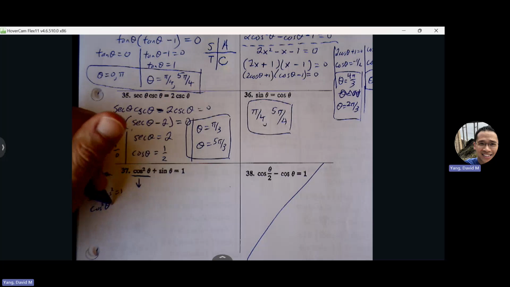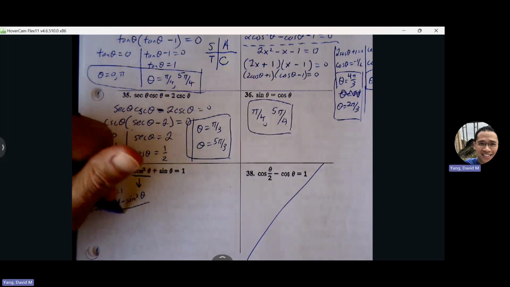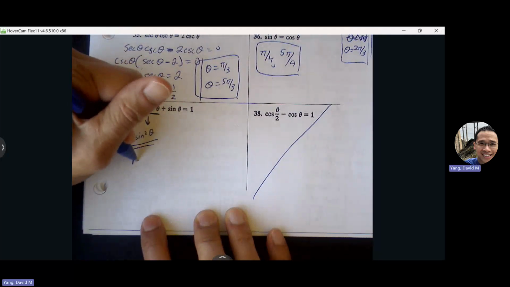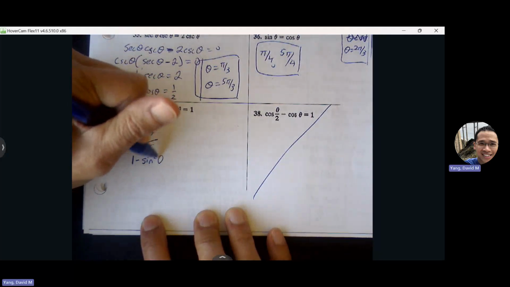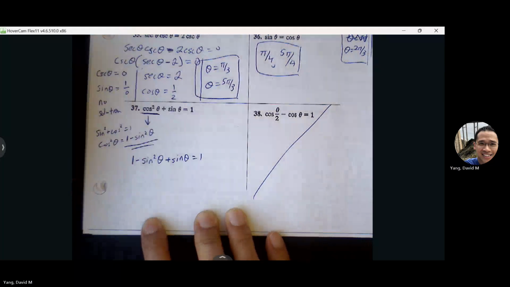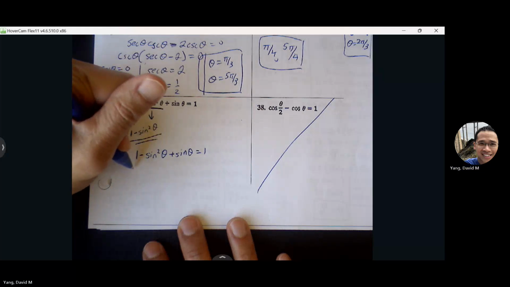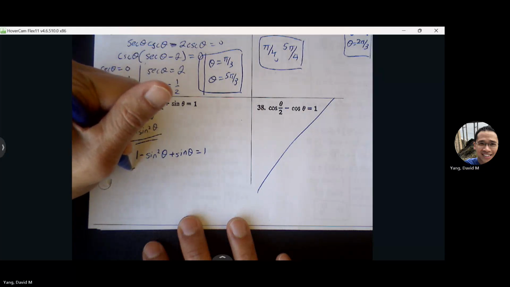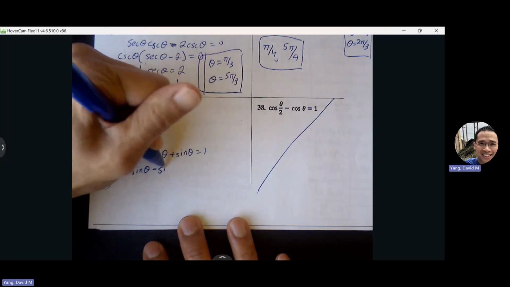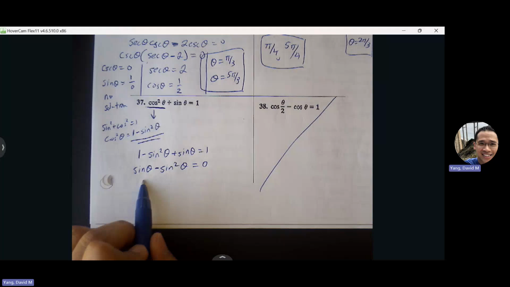So cosine squared theta is equal to 1 minus sine squared theta. If I make that substitution, I can at least get it down to one trig function, and I can think about factoring after this. Bring everything over to one side. The ones cancel out. I'm just going to rearrange it, having that sine squared be second so that my first term can be positive.